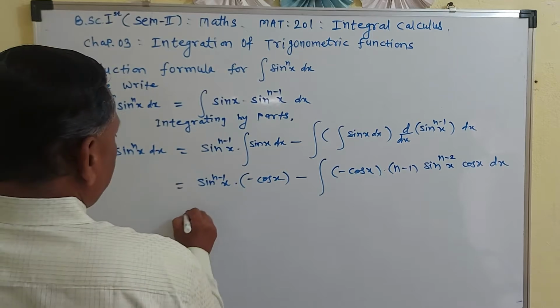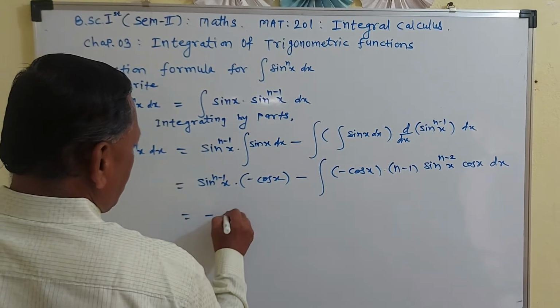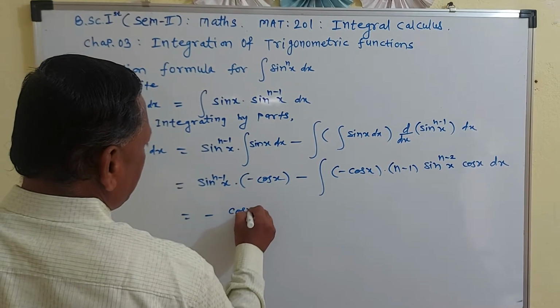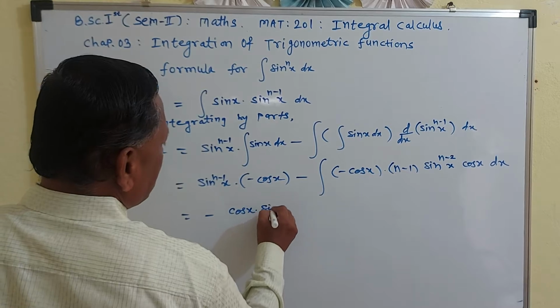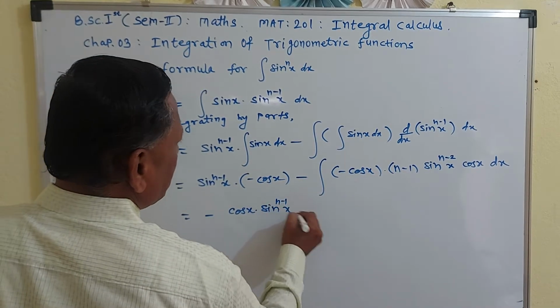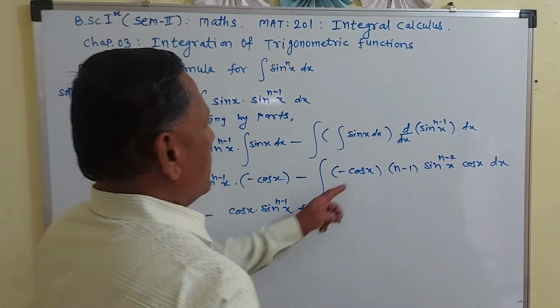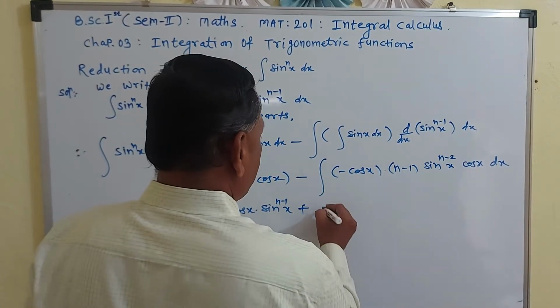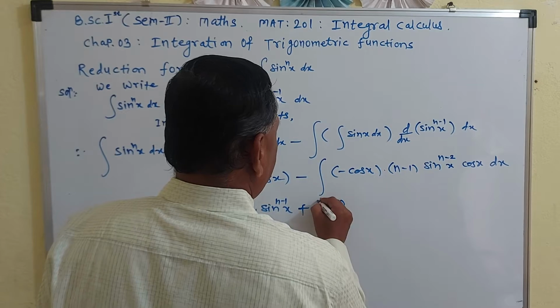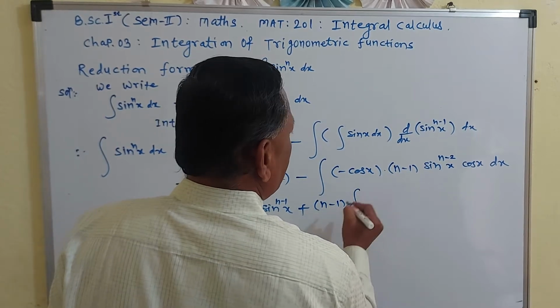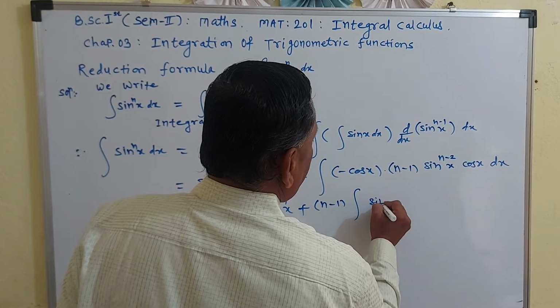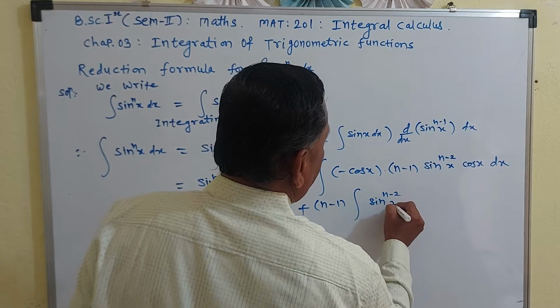So is equal to minus cos x into sin raised to n minus 1 x, then minus minus becomes plus, n minus 1 outside the integration into integration of sin raised to n minus 2 x.